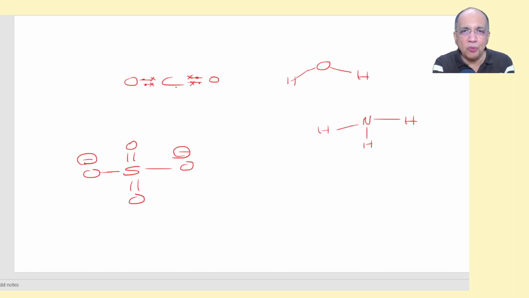Now the oxidation number concept has come from covalent molecules and covalent ions. If these bond electron pairs are transferred temporarily, and of course hypothetically, to the more electronegative atom, then what is the theoretical, hypothetical charge that develops on each atom?